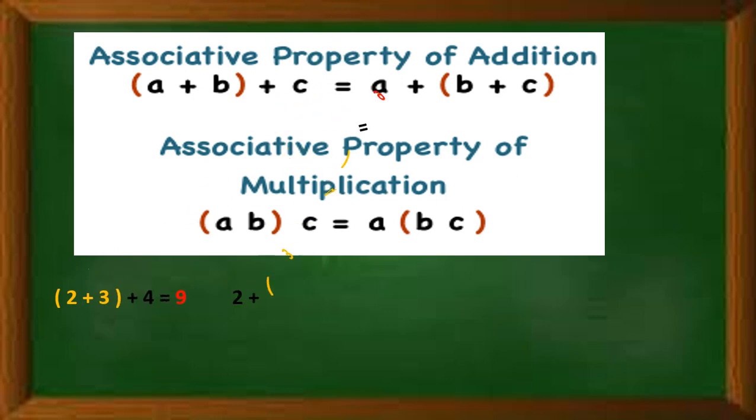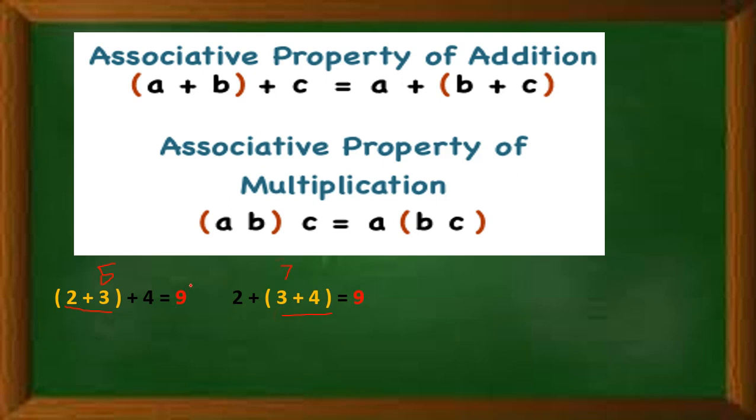If we have the three integers 2, 3 and 4, when we add first 2 plus 3, that is equal to 5, and when 5 is added with 4 we get 9. Similarly, if we add 3 and 4 first, the result is 7, and 2 plus 7 gives 9.